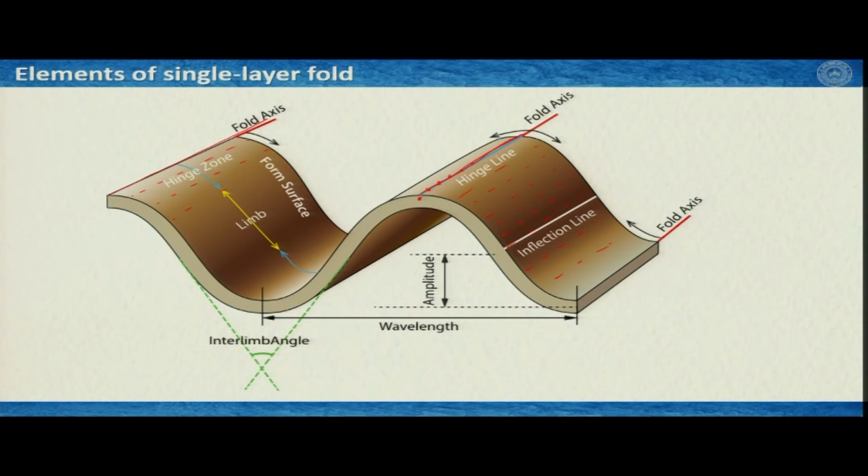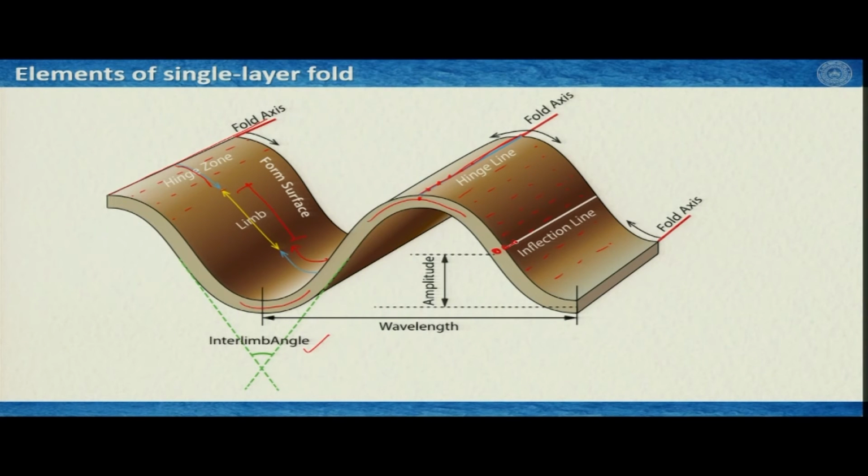So, this is your interlimb angle defined with these green lines, this is your hinge zone, this is your limb, this is your hinge zone, this is your concave side, and this one is your convex side, and this was the inflection point.